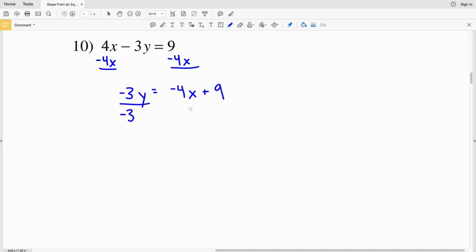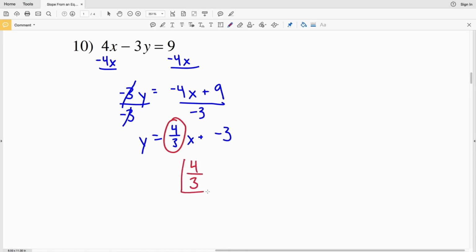Divide both sides by negative 3 to get that y is equal to negative 4x over negative 3, which is the same as 4/3 x, plus 9 over negative 3, which is a negative 3. Now that this looks like y equals mx plus b, our m is 4 over 3. So our slope for number 10 is 4/3.